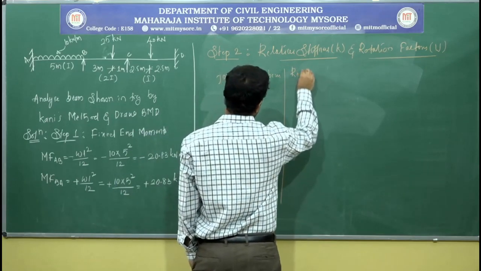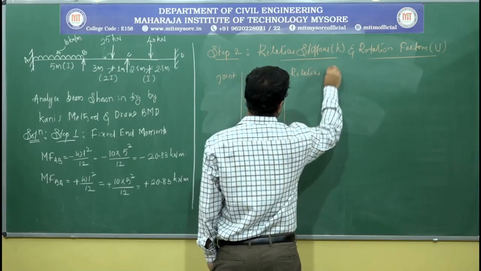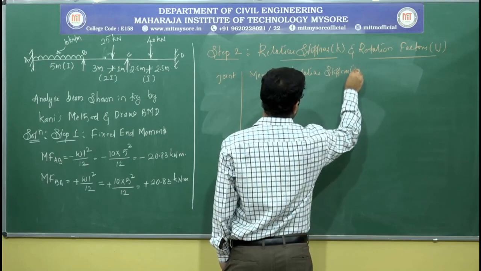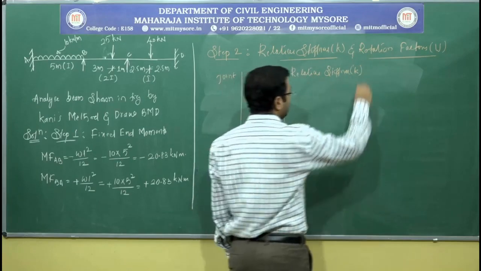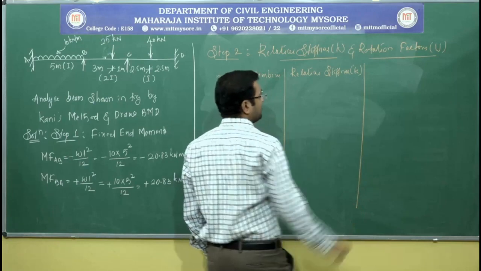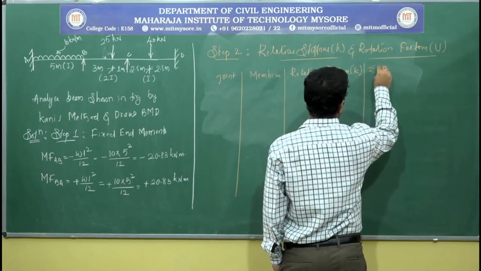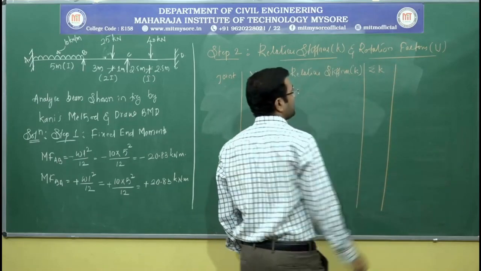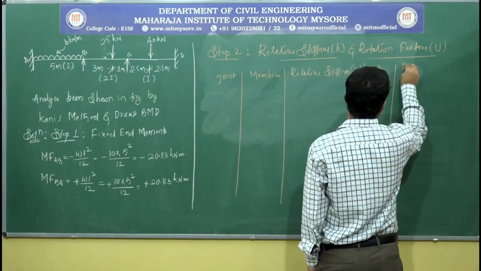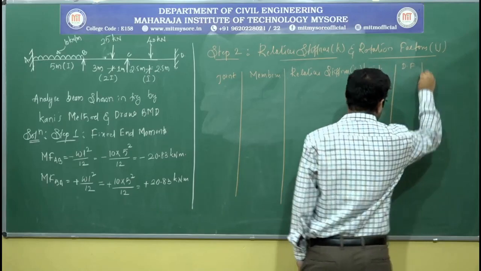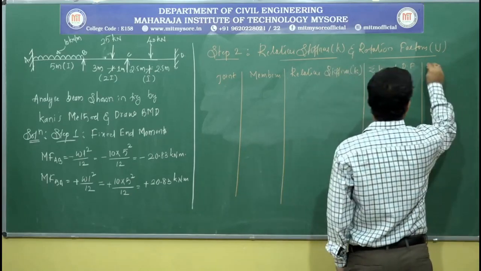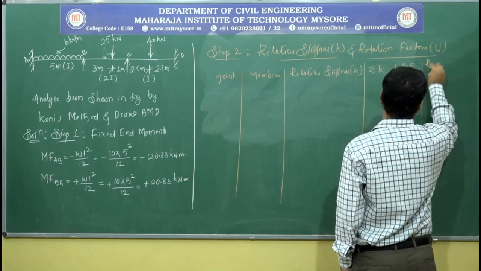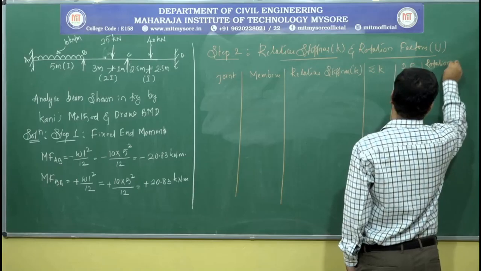Then we have to calculate the relative stiffness, that is we need to work out the value of K. After the K, total stiffness, that is summation of K. Then we need to go for the distribution factor, which you already know. Then the last one is rotation factor.